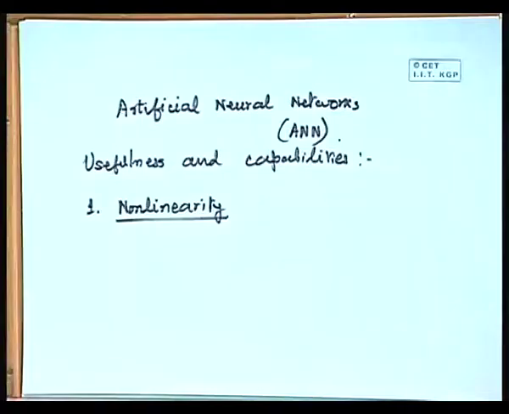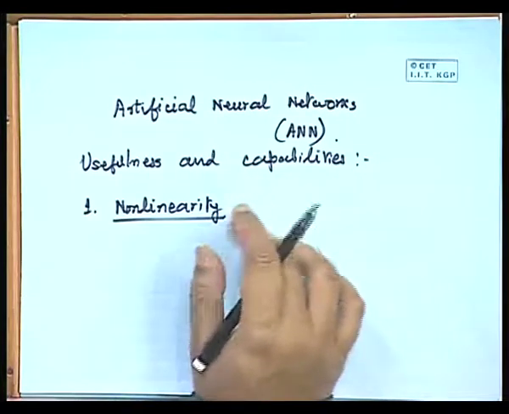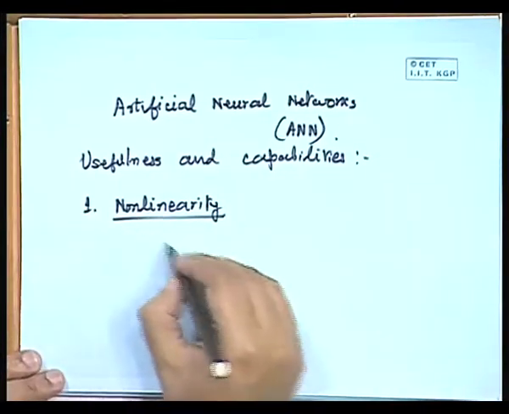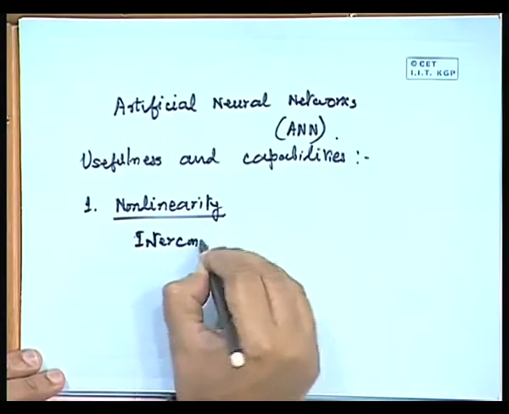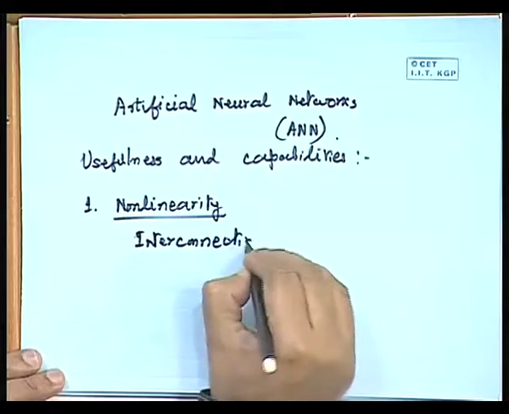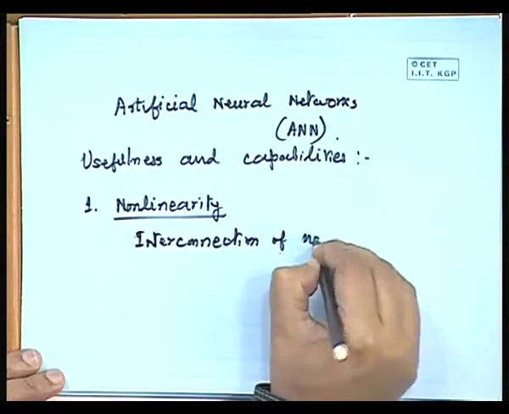So, for that purpose we need non-linear computational units as well, and the neurons are the ones that happen to be non-linear. So, what we have got here is an interconnection of non-linear neurons. In artificial neural networks we have got an interconnection of non-linear neurons.